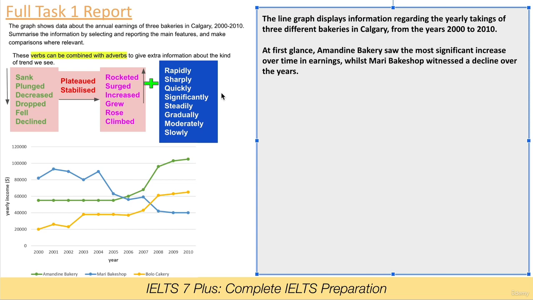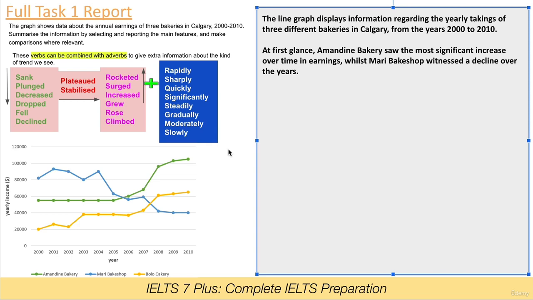We can now go to our first group, and that is going to be the 2000 to 2005. So we're just going to draw upon the main features, and we don't have to report on everything.